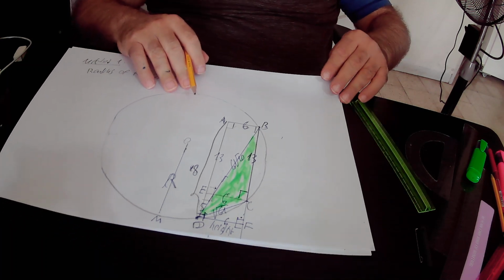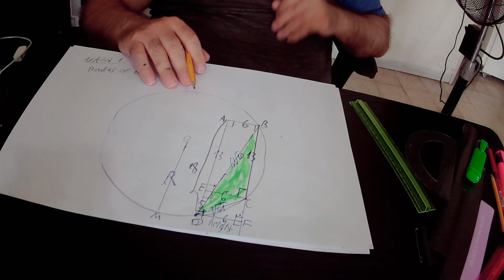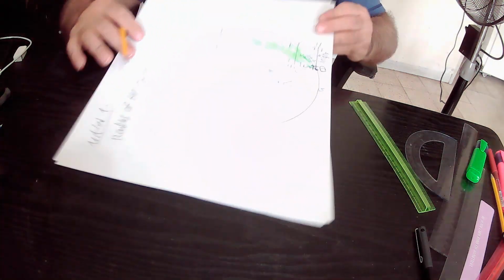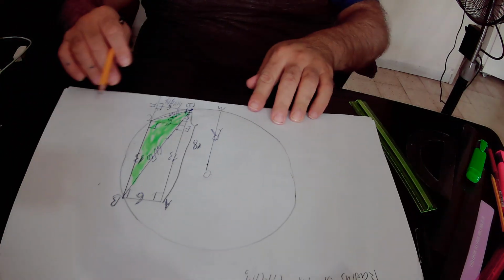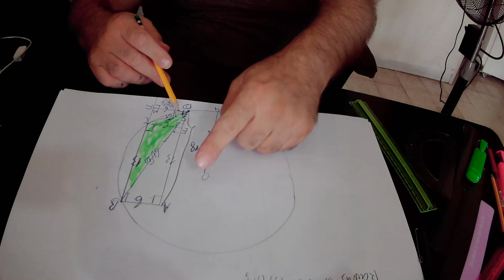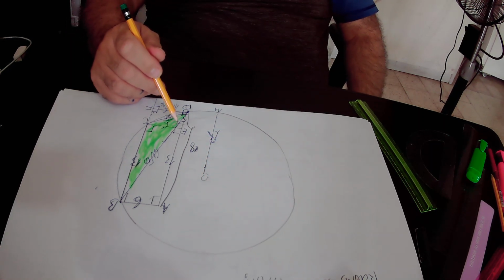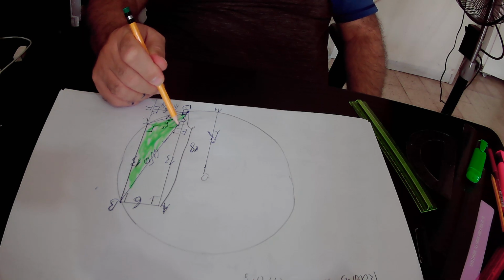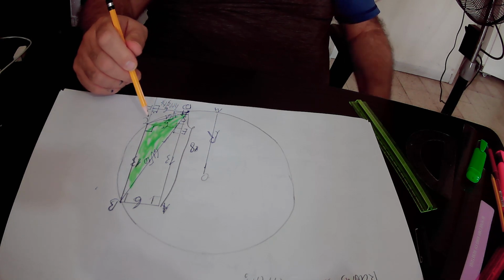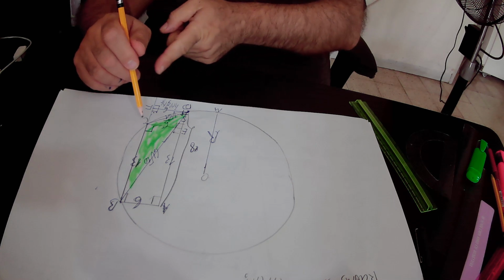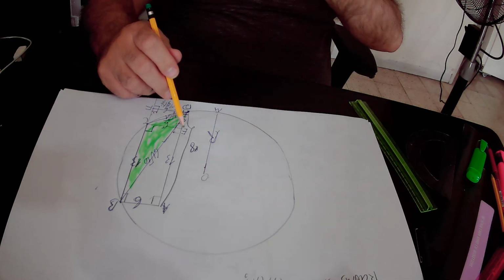So first of all, we made a construction. From point C, we drew a perpendicular on AD. That is to say, this angle equals 90 degrees and this angle equals 90 degrees according to our construction. We defined the touching point of the perpendicular from point C on AD as E.